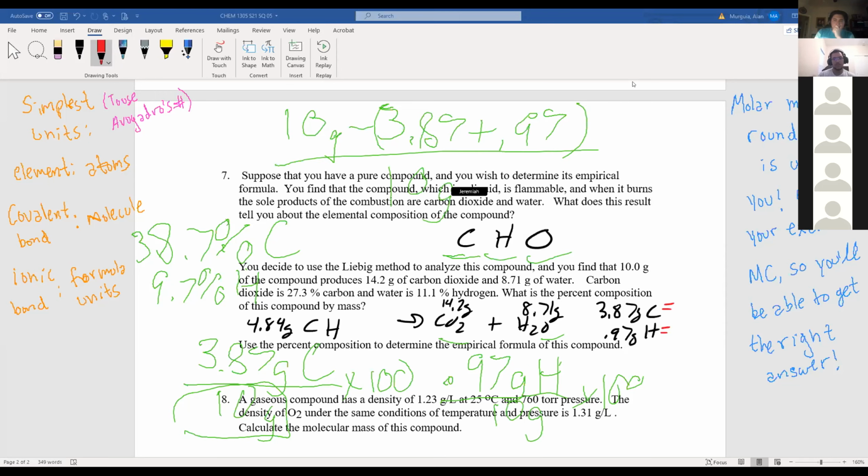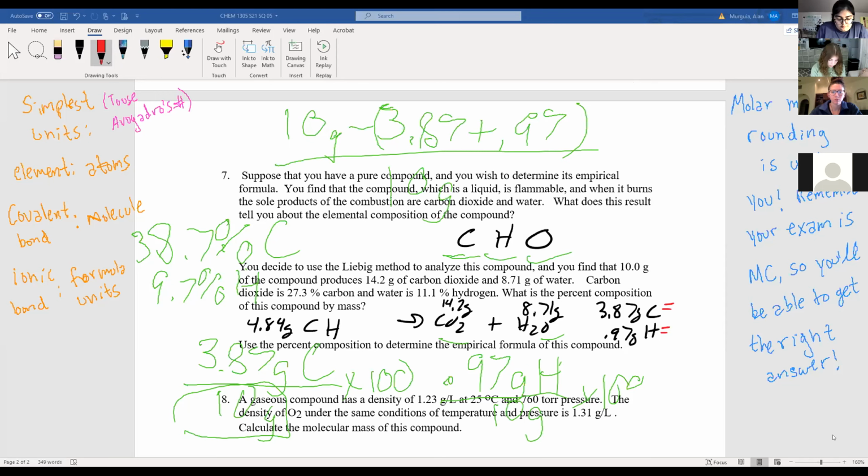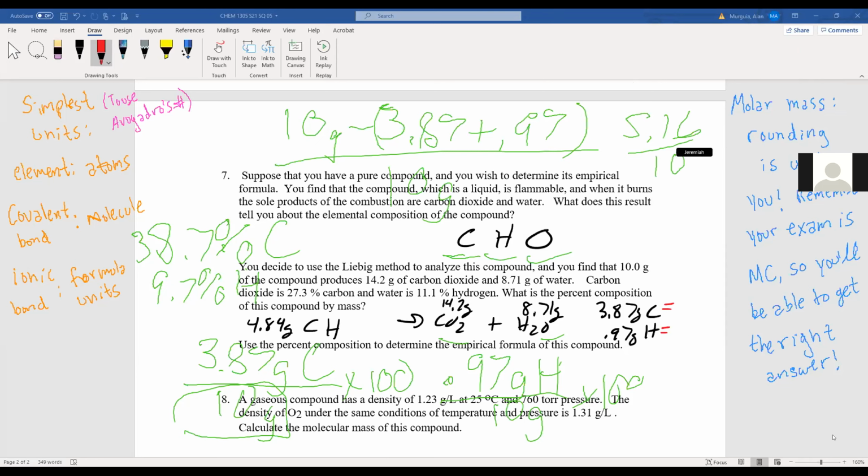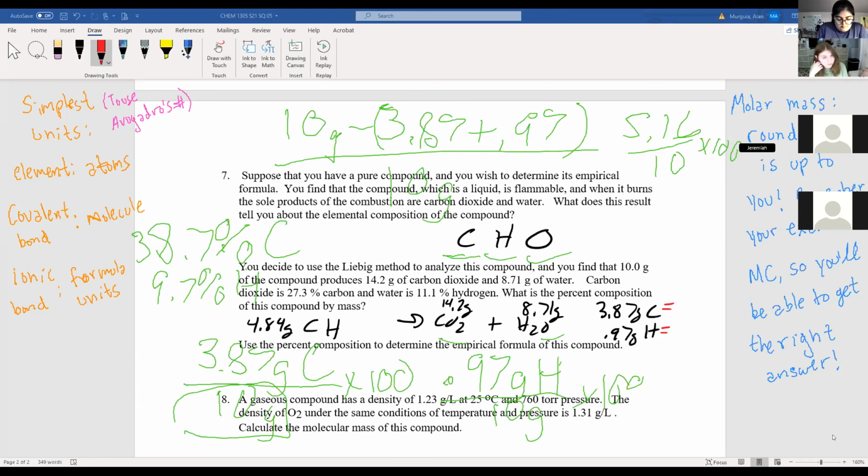So what's 10 minus 4.84? 5.16. Okay, so we have 5.16 divided by 10 times 100. It's 51.6.